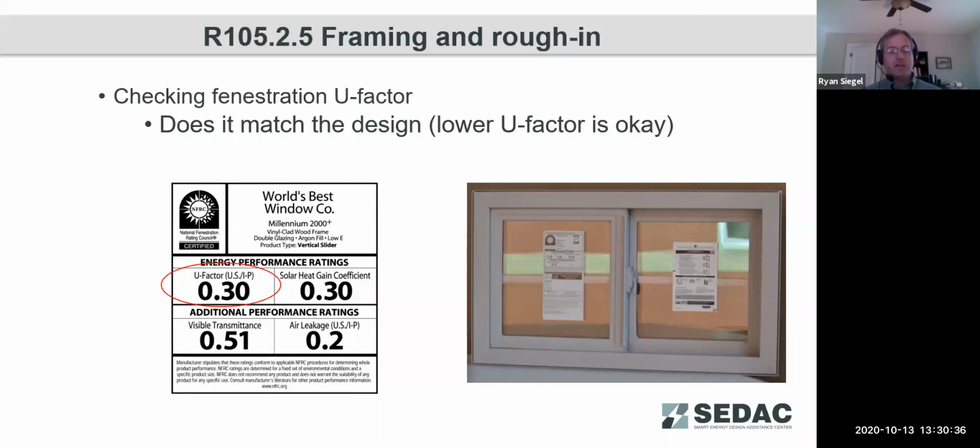If it's dramatically different, this may have an impact on the equipment sizing, which could cause a challenge. For most residential construction, this is as simple as just looking at the NFRC label that's normally affixed to the windows. Commercial has a few more issues, particularly for site built, but we don't see that too much in residential.